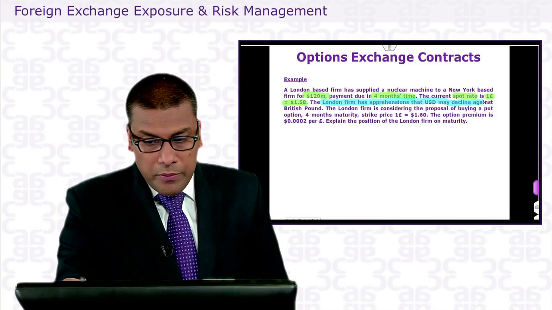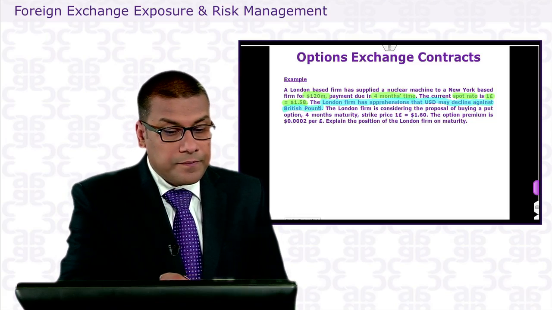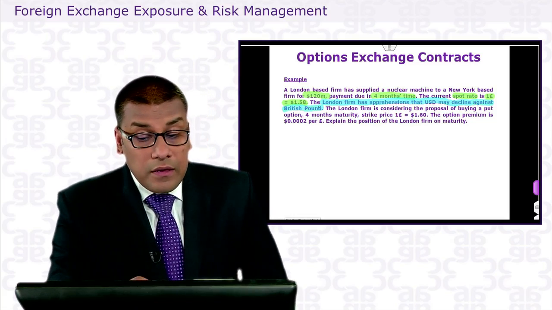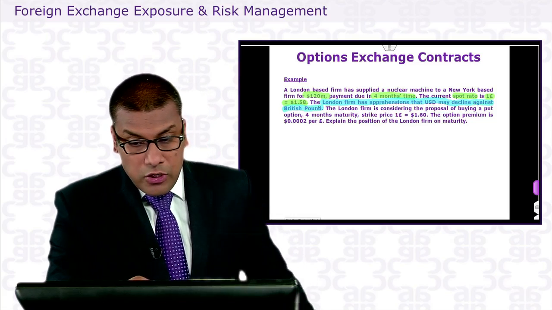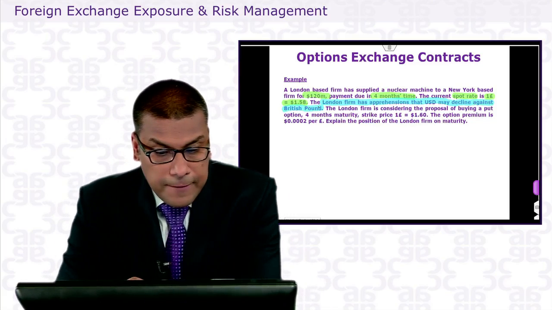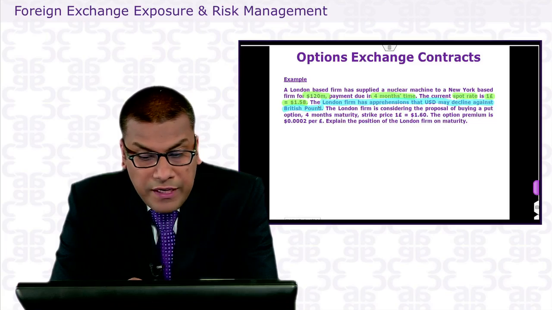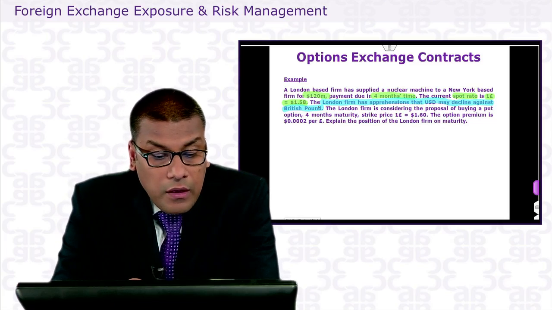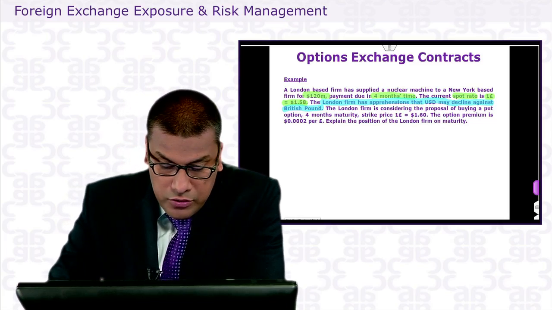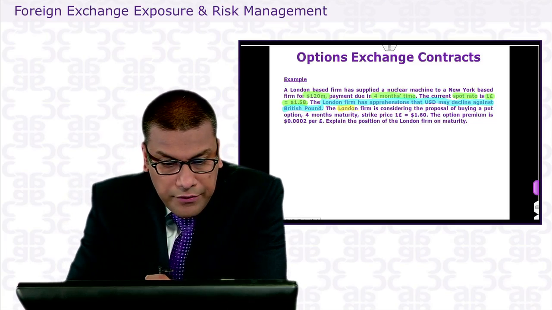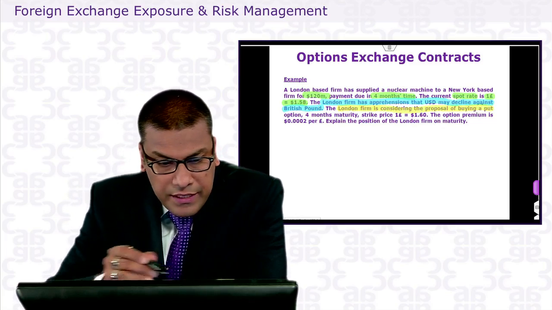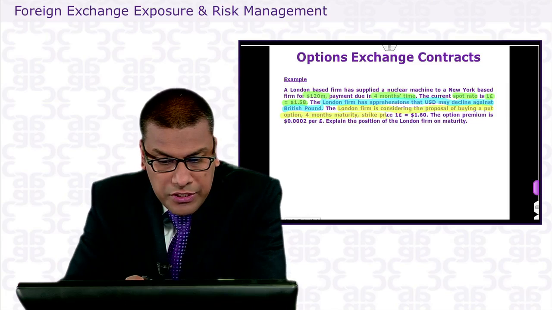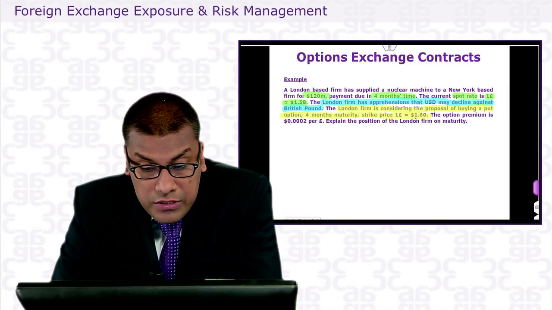Now the London firm has apprehensions that US dollar may decline against British pound. Since US dollar would decline against British pound, it is considering a proposal of buying a put option for 4 months maturity, strike price $1.6.